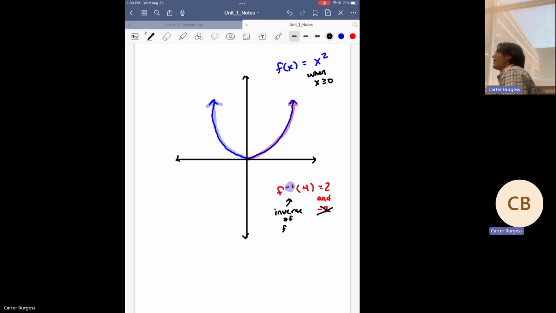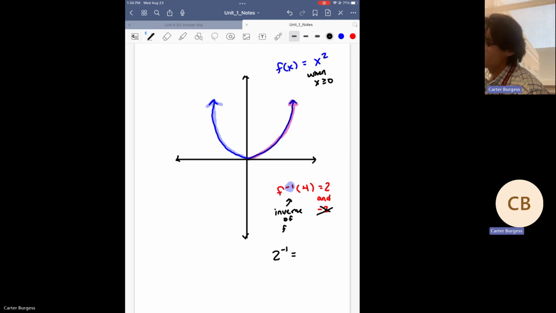Okay. Now, I want to kind of make this clarification because this is a really good point that Keenan has brought up. Raising something to the power of -1 actually has a different meaning. What normally does raising something to the -1 do? Do we remember? So for instance, if I look at 2 to the power of -1, what does that do?